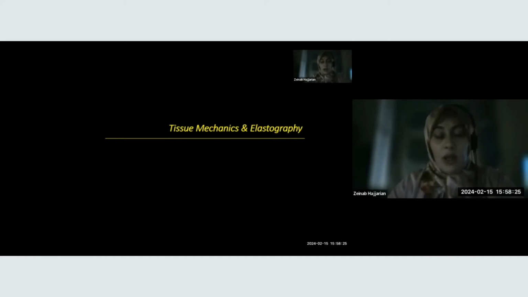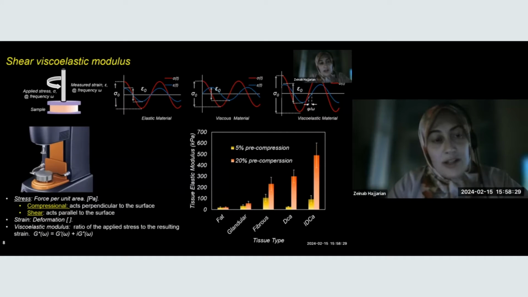This is largely because there are not many tools available to measure the mechanical properties of the tissue in a non-invasive and non-destructive manner. Biological tissues are considered viscoelastic, meaning that they exhibit both viscous and elastic properties.